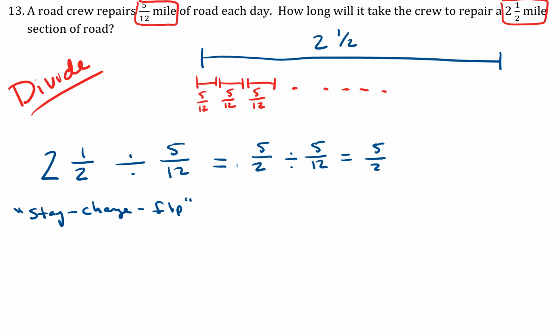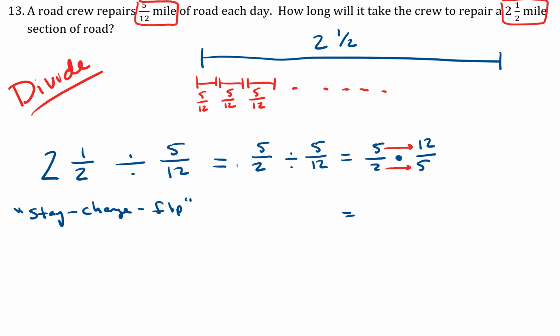We change the division to multiplication, and we flip the second fraction. So that will be 12/5. Okay, so now that we have rewritten the division as multiplication, to multiply two fractions together, we multiply top times top, bottom times bottom.